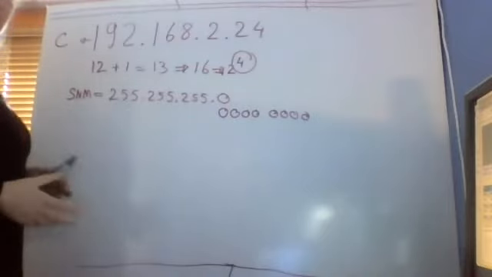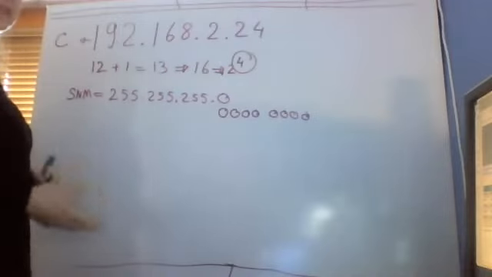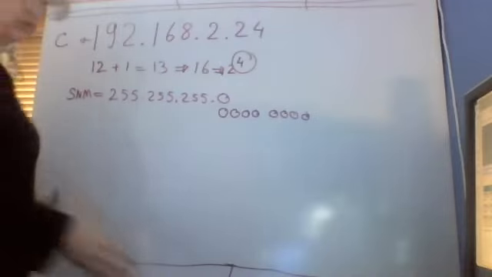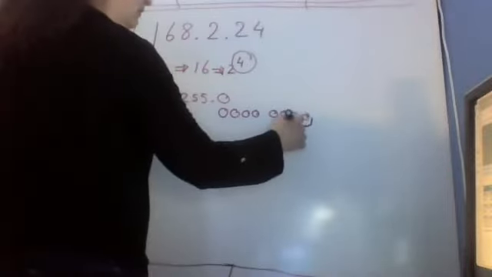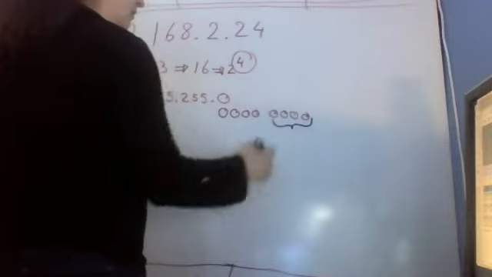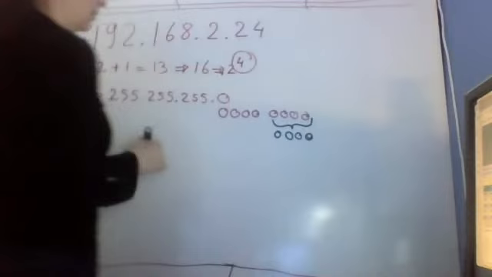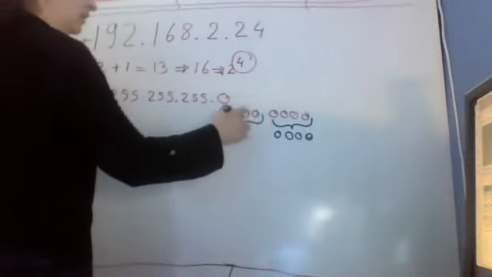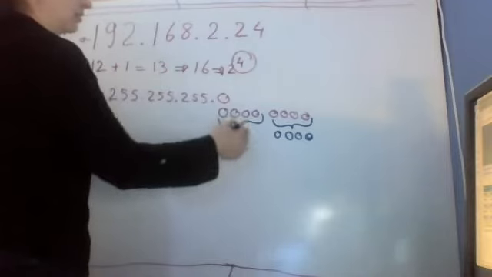And what we said is that we need to reserve 4 bits for the hosts. And we must take the least significant bits. We reserve them for zeros. We take the most significant bits that are remaining, and we turn them into ones.